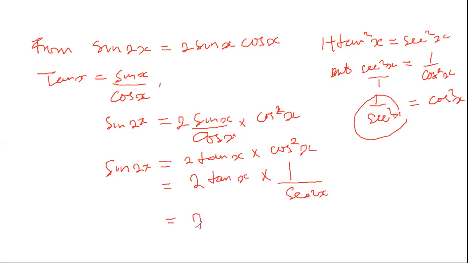And we have just seen that sec squared x can be written as 1 plus tan squared x. So we shall continue here and say our sine 2x is equal to 2 tan x divided by 1 plus tan squared x.